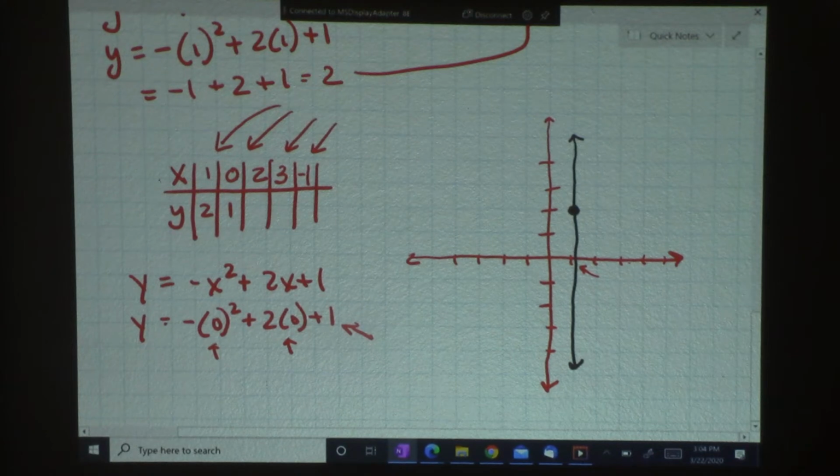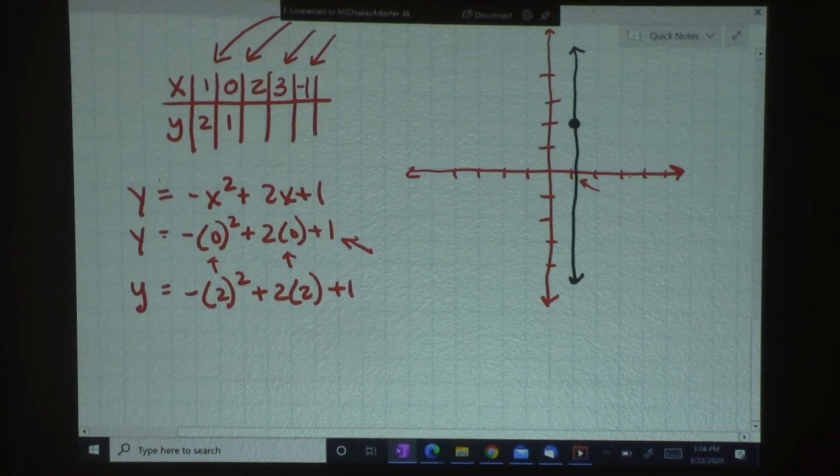Okay, let's put 2 in. So I have -2 squared plus 2 times 2 plus 1. Okay. So here 2 squared is 4, and it's negative. And I also get 1. This was 1. -4 and 4 is 0, plus 1 is 1.